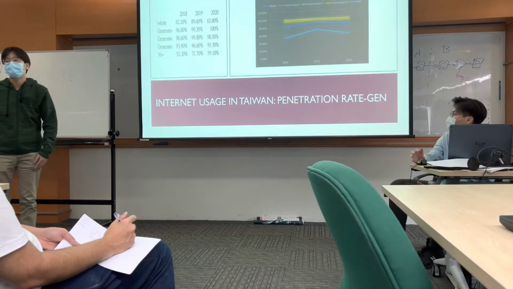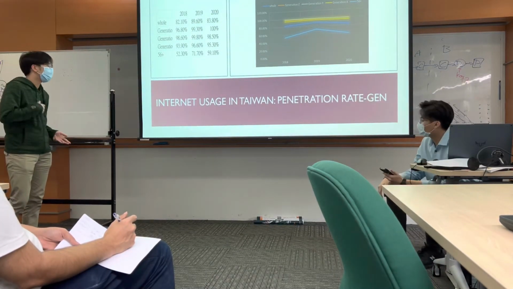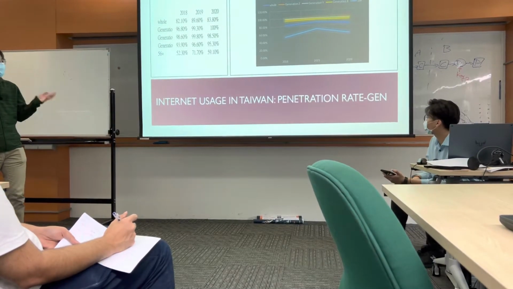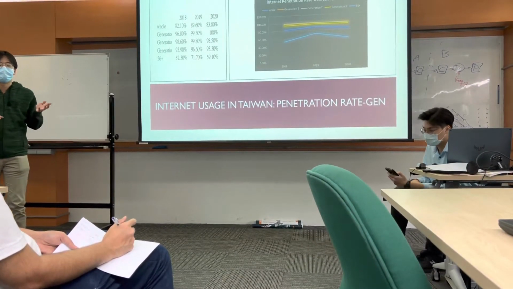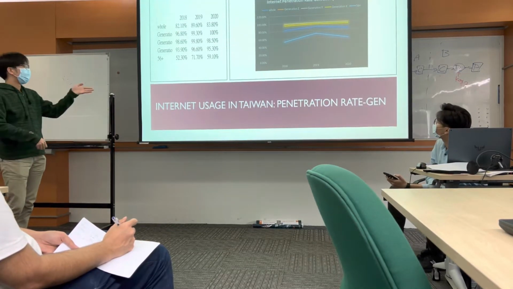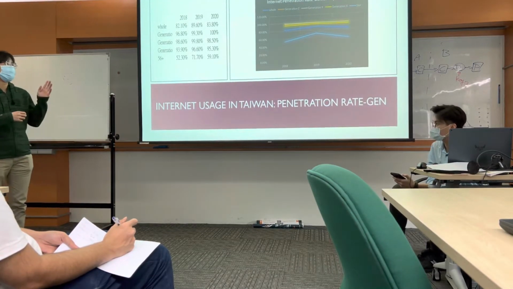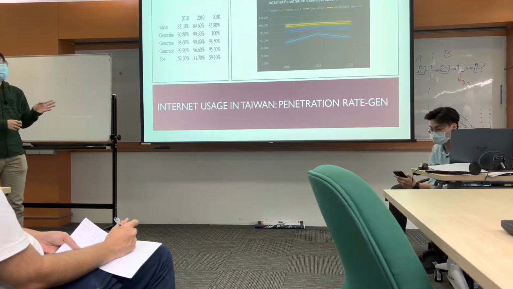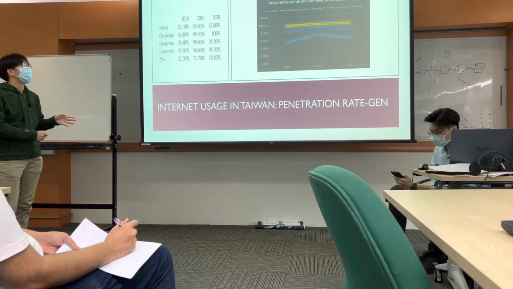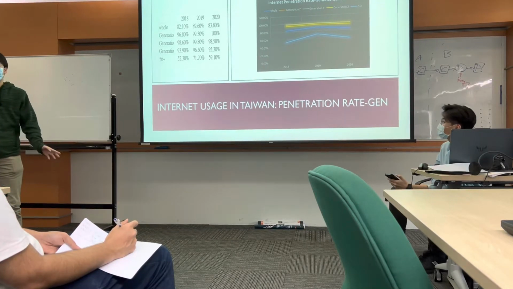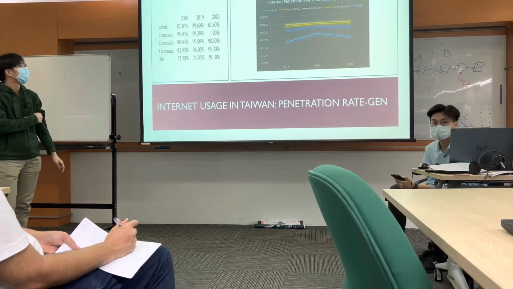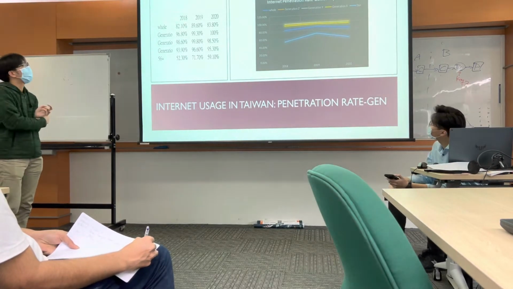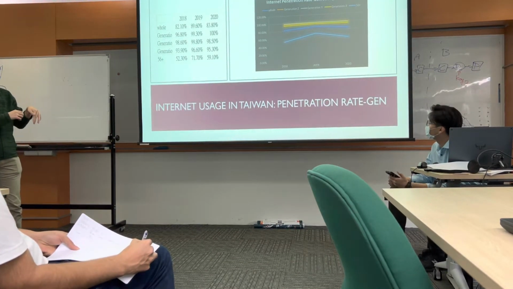Okay, so now we'll move on to our data. The first one is the internet usage in Taiwan, the internet penetration rate by generation. That's a graph of the internet penetration rate by generation for the period from 2018 to 2020. As you can see, generations X, Y, and Z maintain a steady rate.